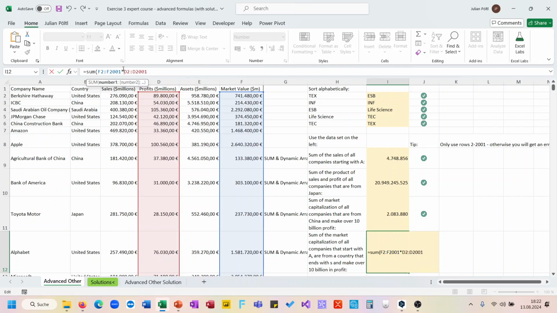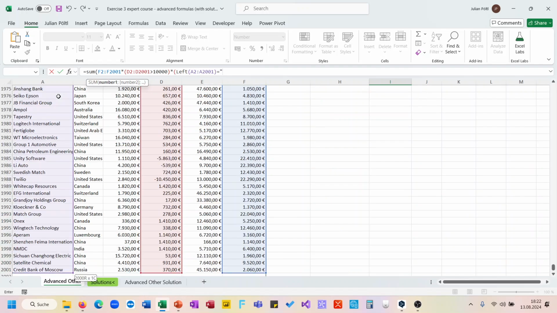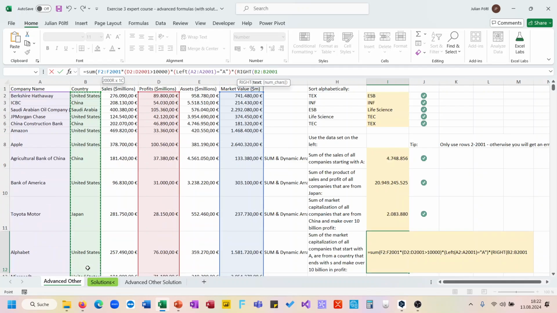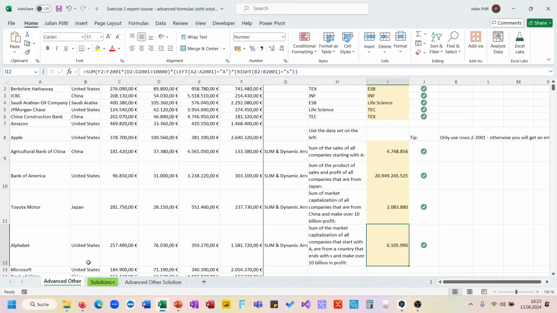So here we need the brackets, then LEFT of company name should be A, and RIGHT from country should be S. And here you have it.